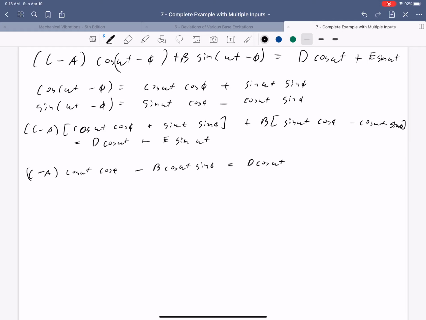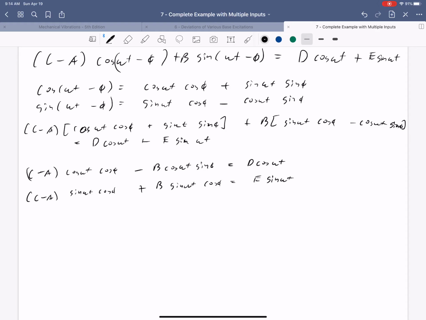Okay, so here's one equation, and here's the next equation: c minus a of sine omega t cosine phi plus b sine omega t cosine phi is equal to e sine omega t.